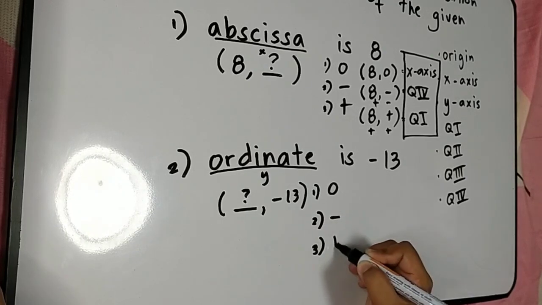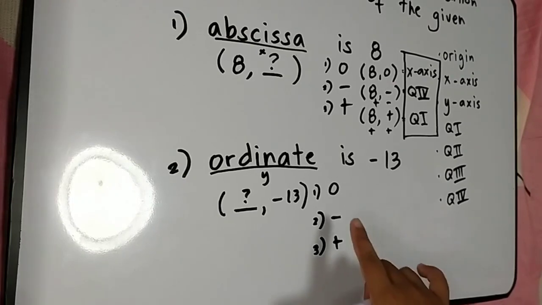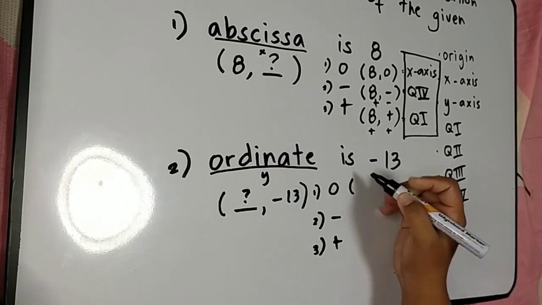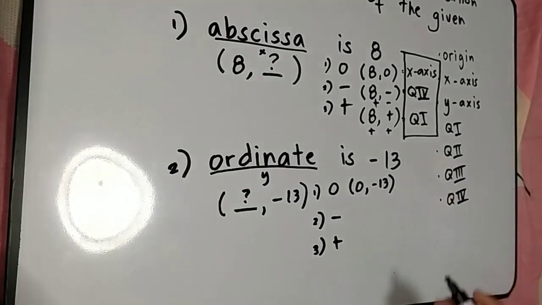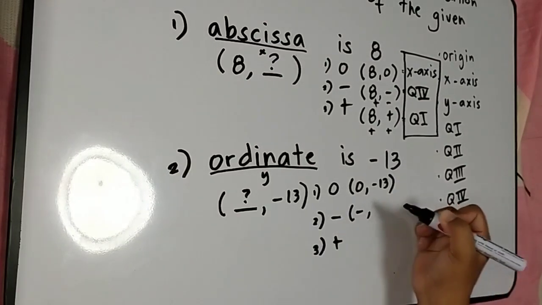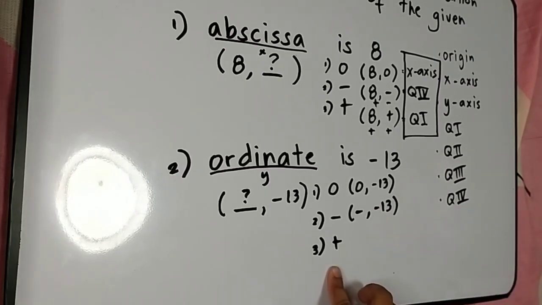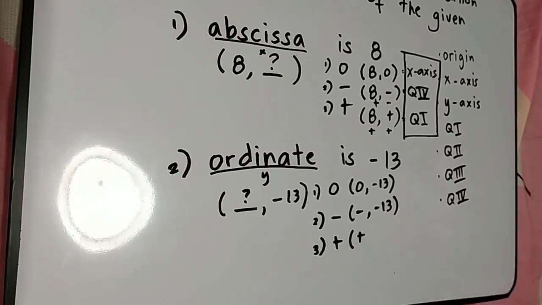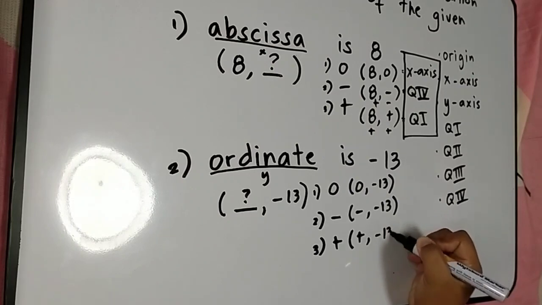Pangatlo, pwede namang positive. Okay? So, kung 0 si x, ang magiging coordinates natin is 0, negative 13. Kapag negative naman si x, so we have here negative numbers, then negative 13. Kapag positive, pwede siyang lahat positive values ni x and negative 13.